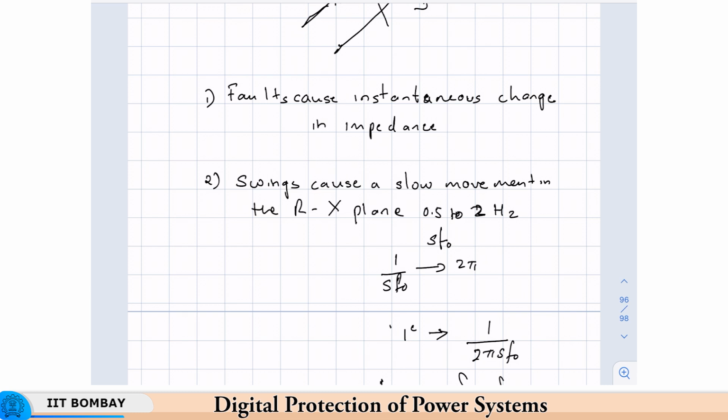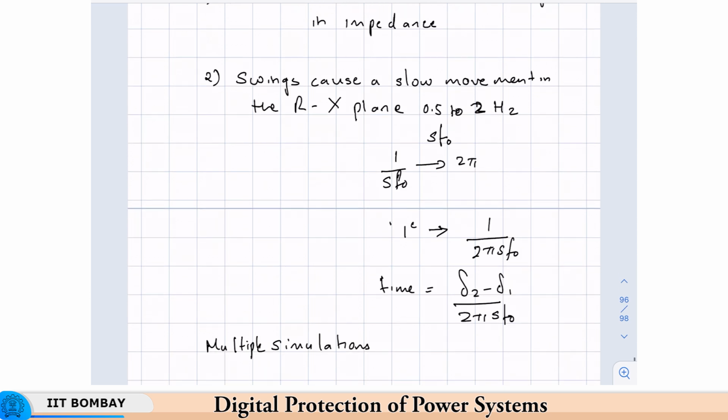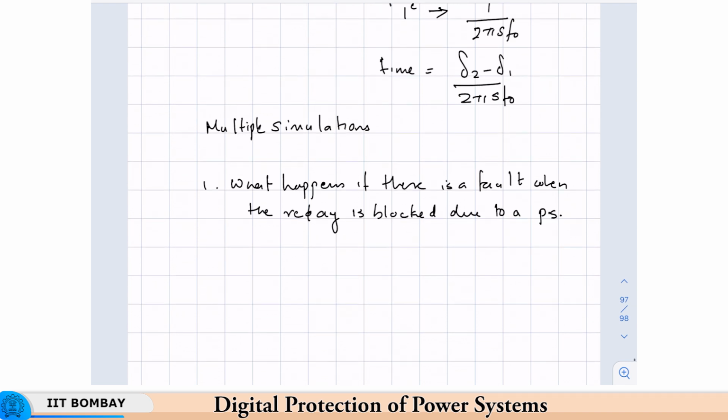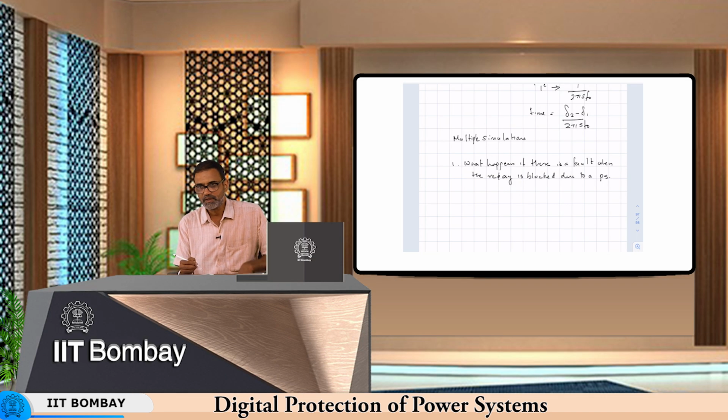In the numerical relay, it is even easier because the impedance is being calculated at each time step, and you know the time step, so you can calculate the time of the fault. So, this has to be taken care of. There has to be unblocking if there is a fault. Even if your relay is blocked due to a power swing, if there is a fault, then that gets precedence or priority, and it has to be unblocked.